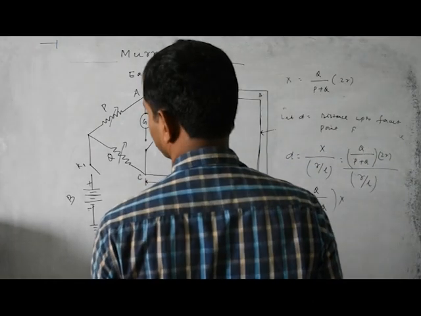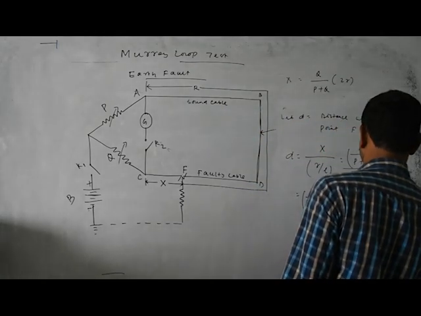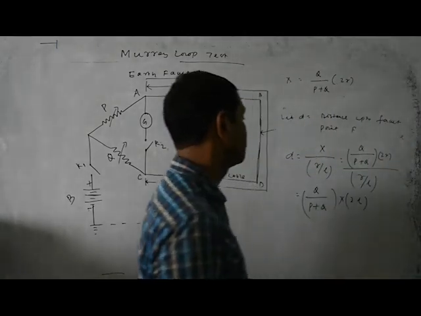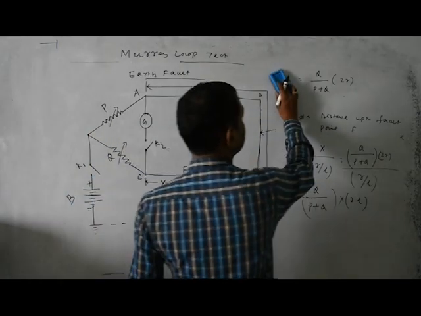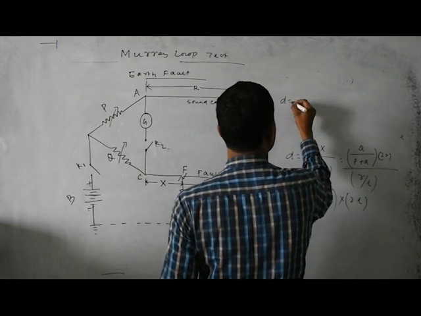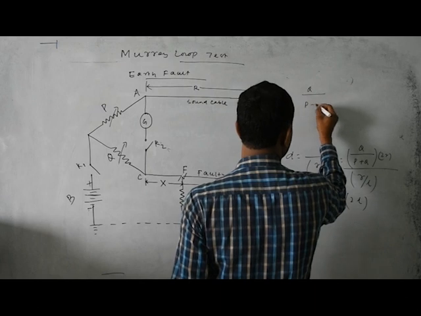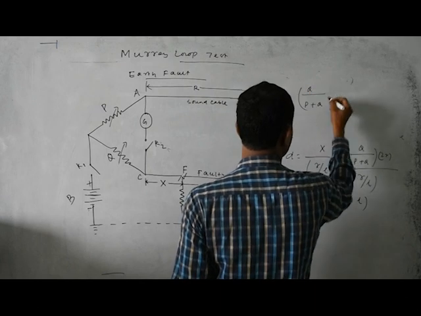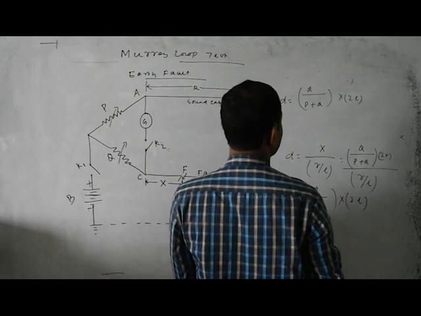You find 2L. So D will be Q by P plus Q into 2L.